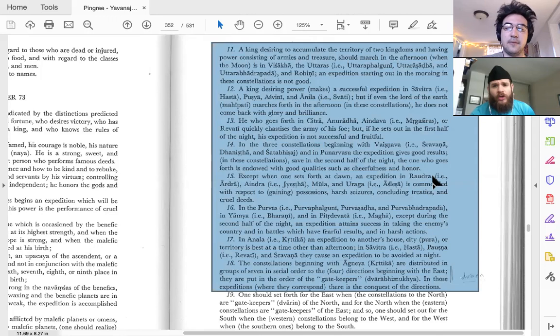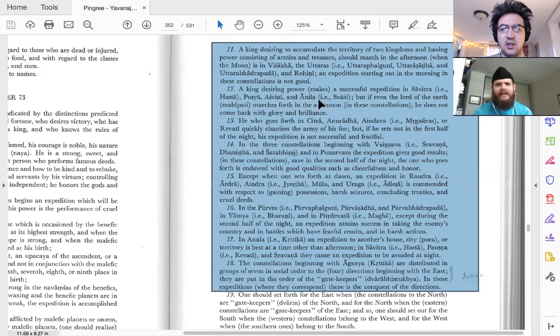So which was the first one mentioned? Hasta, right? Savitri for Hasta. Yeah, it says here Visvakarma. Oh, really? Huh. So maybe the deities were a little different at one time in one tradition. Which other one? Swati. Swati says Indra.